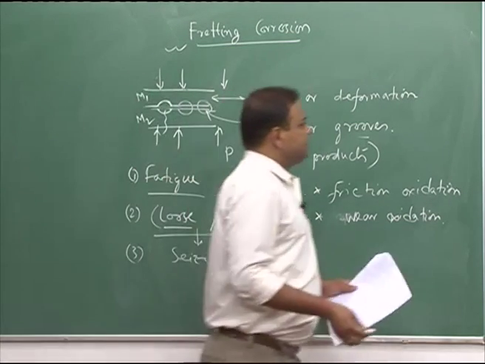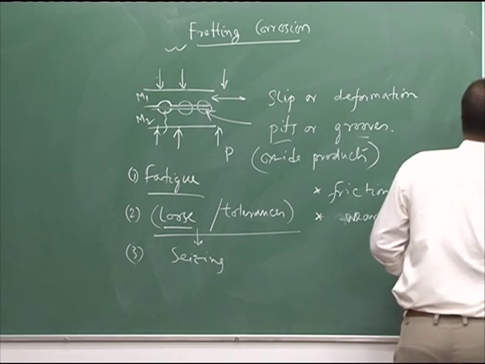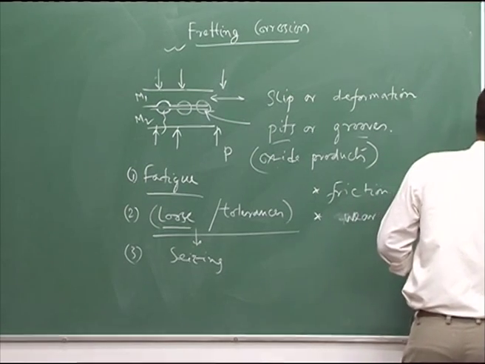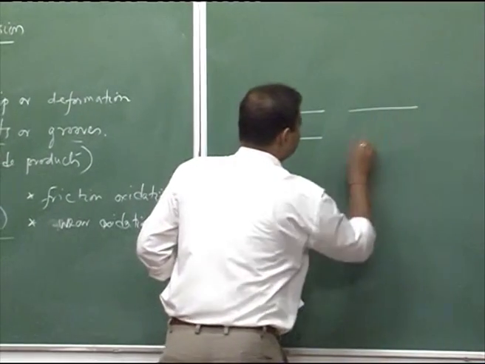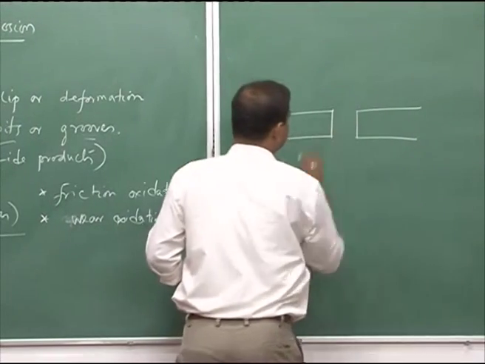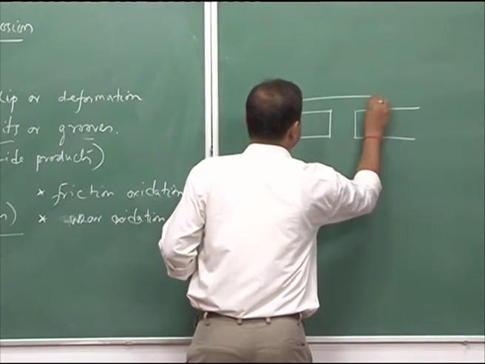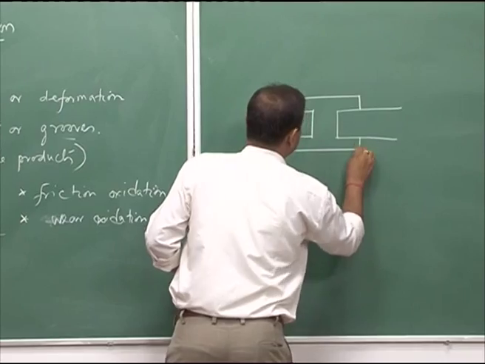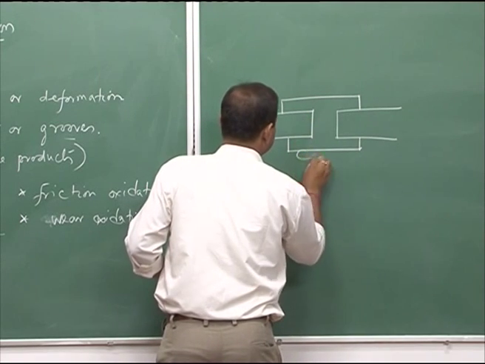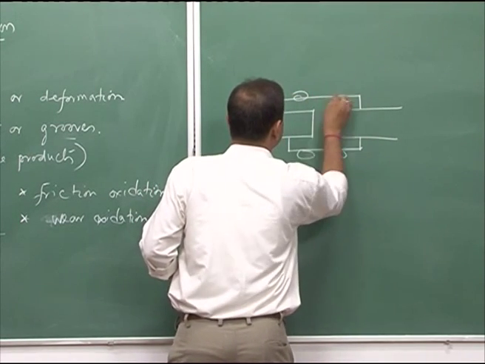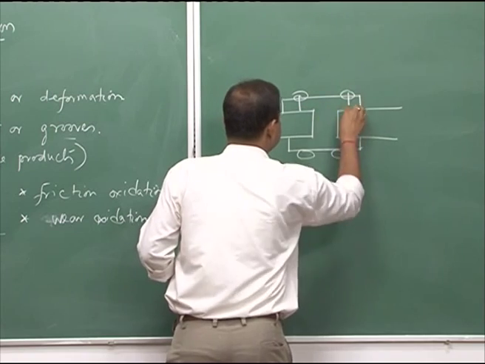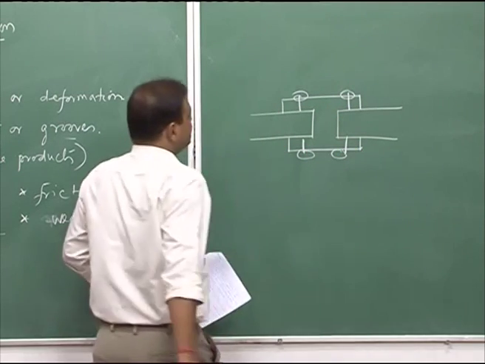For example, in the case of railway components, let us say this is one rail and this is another rail, this is the end part of the rail, and you have tie plates. Two tie plates are bolted and tightened.